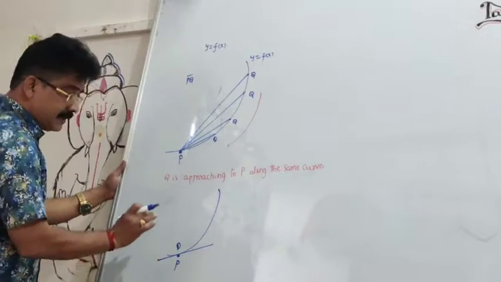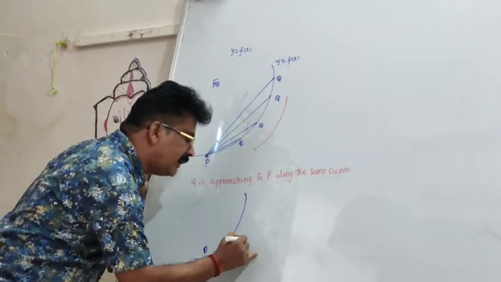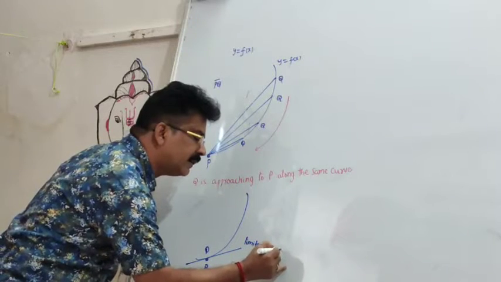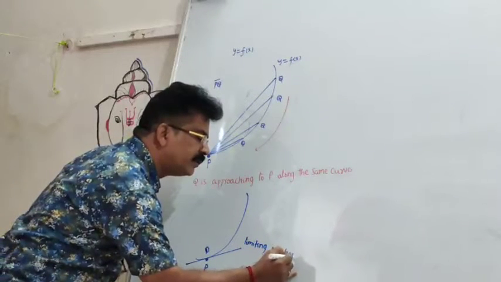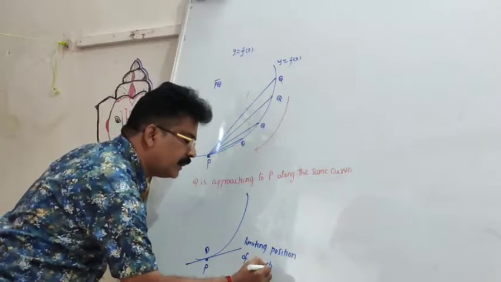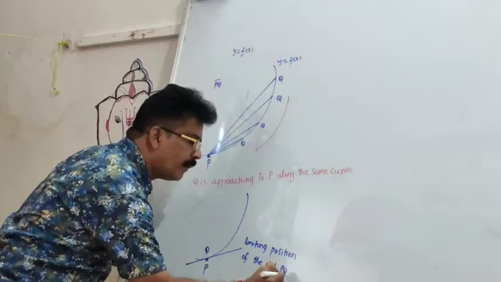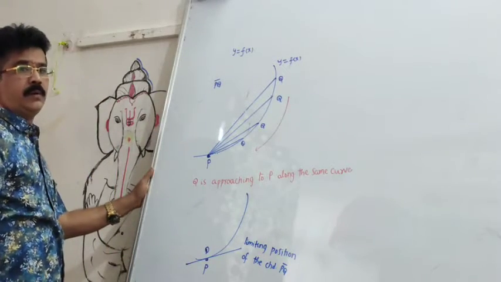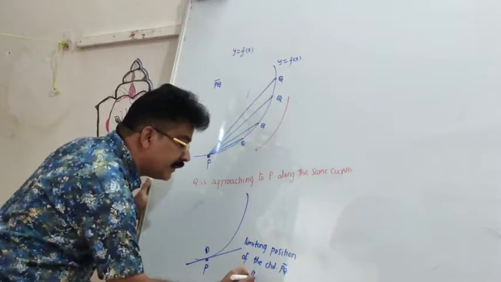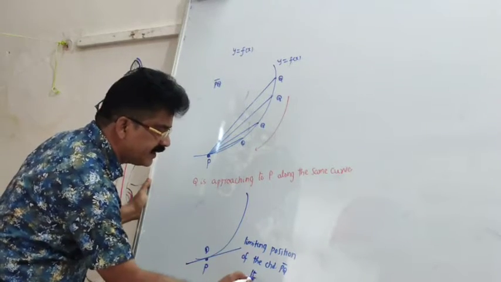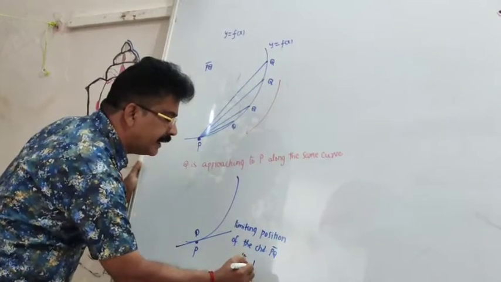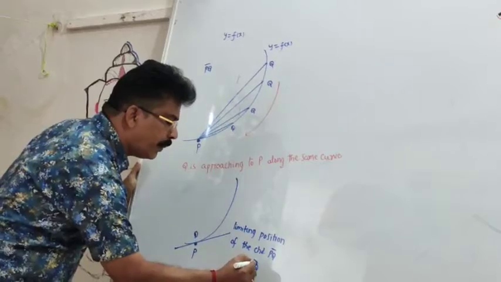Understand? This is called the limiting position of the chord PQ bar. Mathematically it is denoted by limit, as Q approaches capital P, of PQ bar.